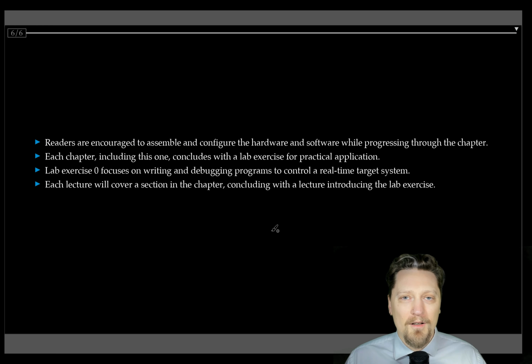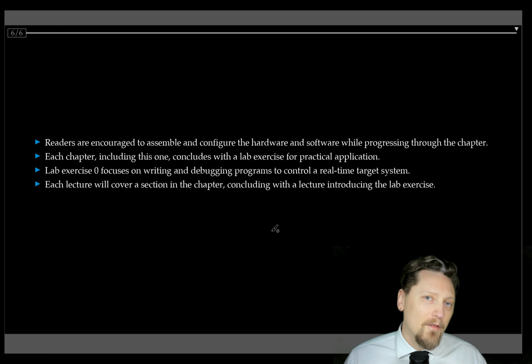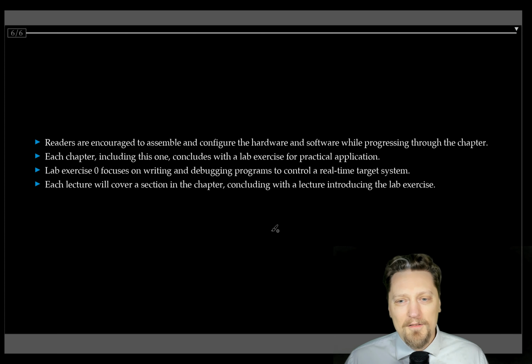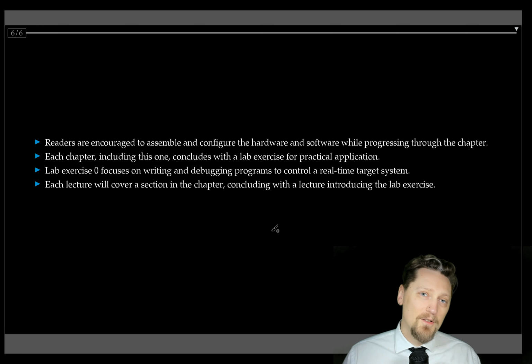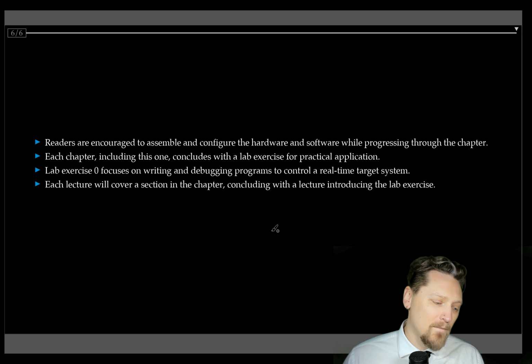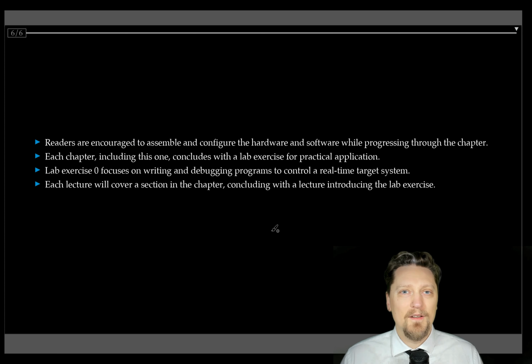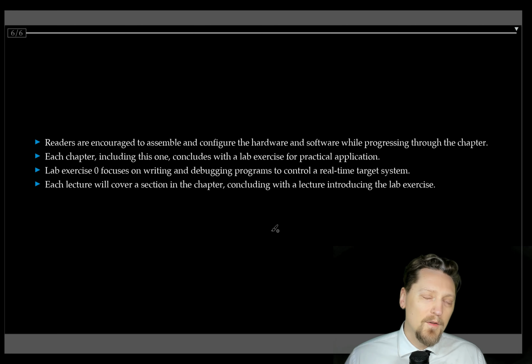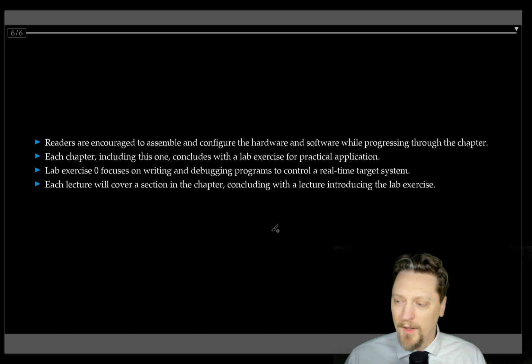So follow along. If you don't yet have the hardware, that's okay. The hardware can be emulated for many of the labs, if not all of them. You can do emulation, but we really encourage you to get the hardware, if at all possible, because it is so valuable to have that hardware experience. It really helps make it real.